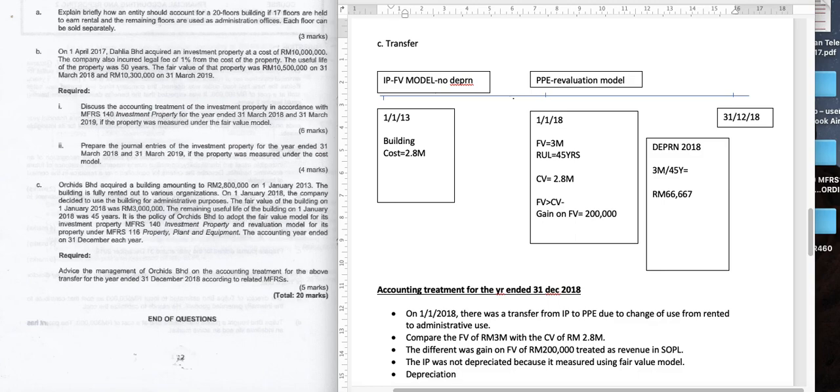Okay, before that, depreciation on 2018 on the PPE.